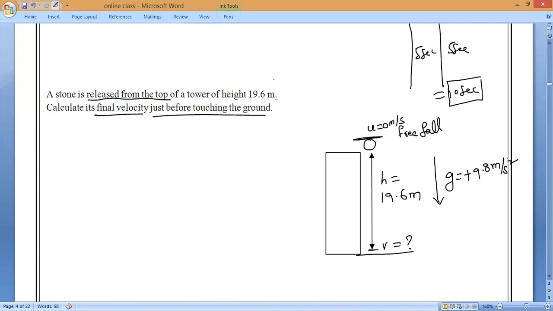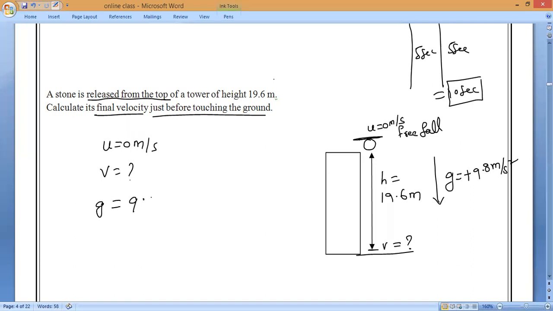Now you tell me which equation we can use. No time is mentioned, and they are asking the final velocity. Which equation, guys? Initial velocity is 0. They're asking the final velocity.